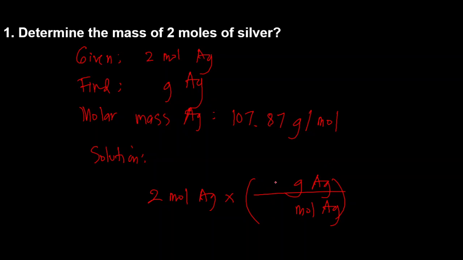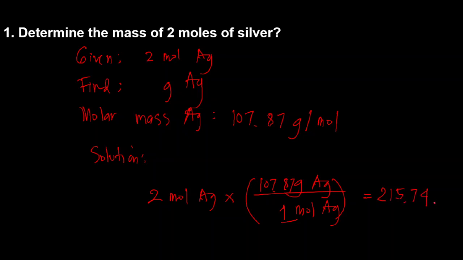For the numbers here, we refer to the molar mass. It is equal to 1 mole, and the mass is 107.87, and then you do the math, 2 times 107.87. The answer is 215.74.